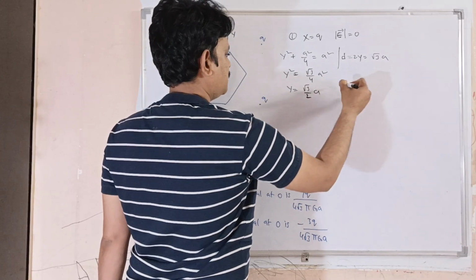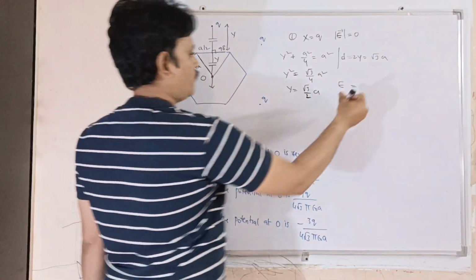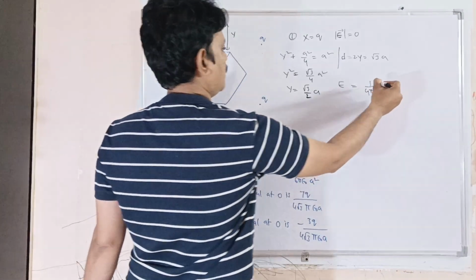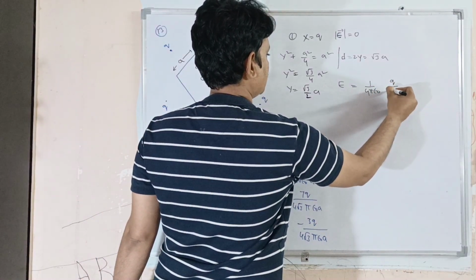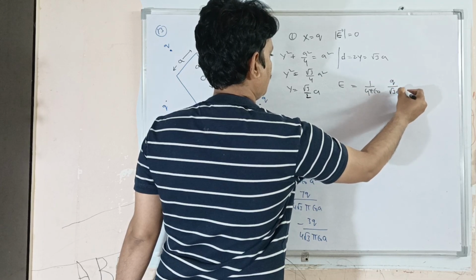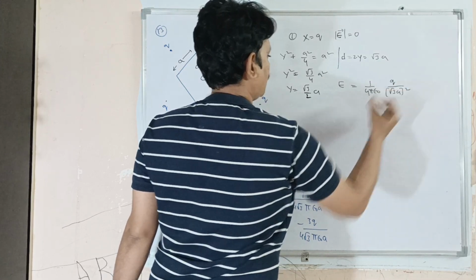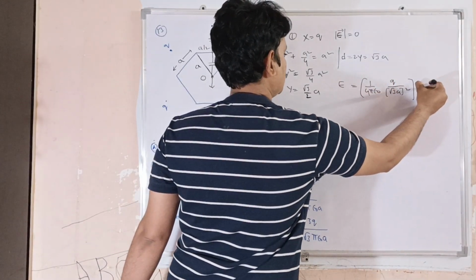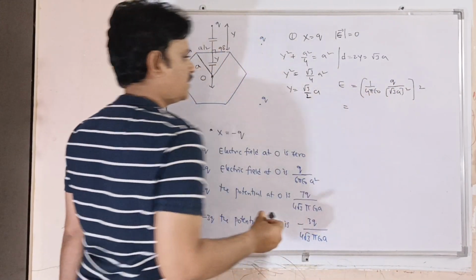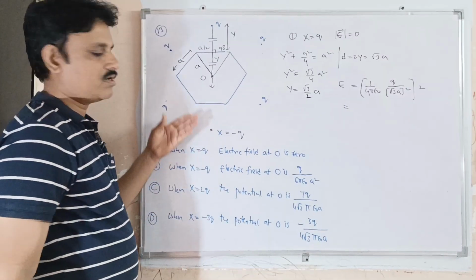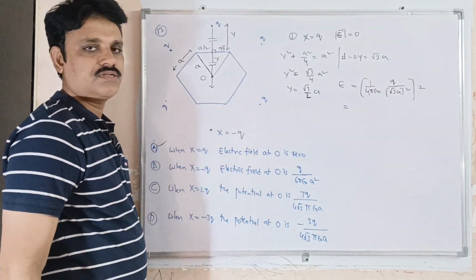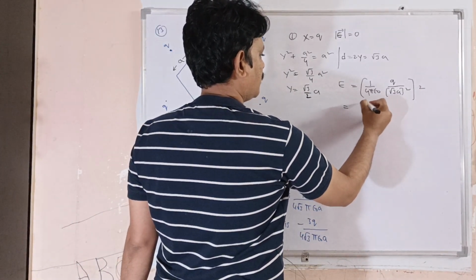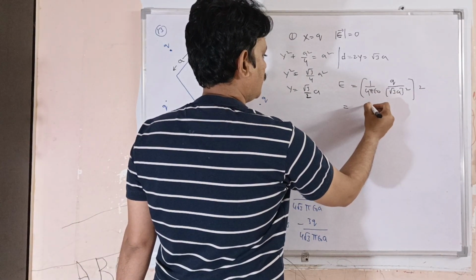So electric field is equal to 1 by 4 pi epsilon naught q by r square, that is q by root 3a whole square, and into 2, right? Because due to the negative and positive charge the electric fields are in the same direction, so the magnitudes sum. So 2 into 1 by 4 pi epsilon naught q by root 3a whole square.